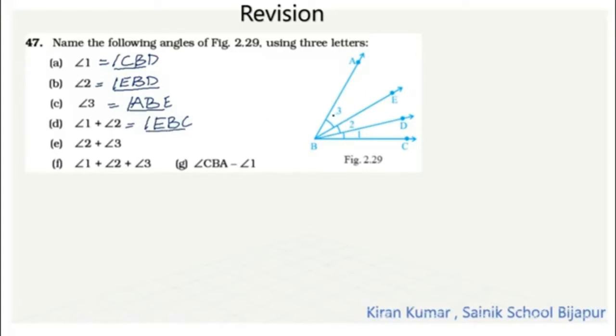Angle 2 added to angle 3 is angle ABD. Angle 1 added to angle 2 added to angle 3, we get angle ABC, or angle CBA.